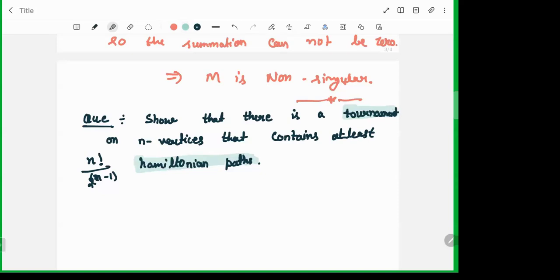So let's define them. Definition. First we need to define the oriented graph.